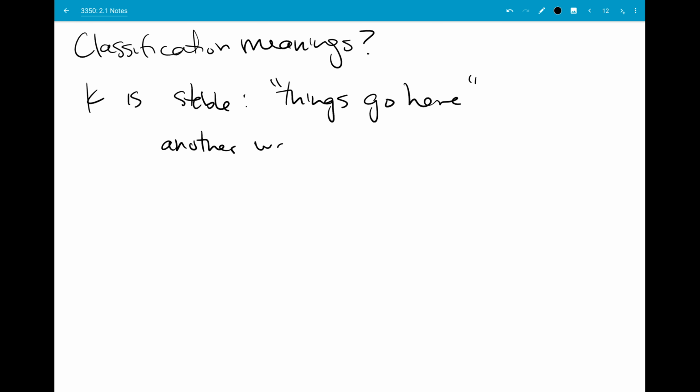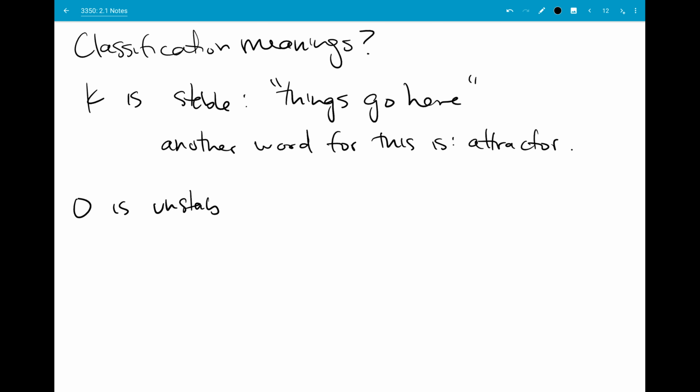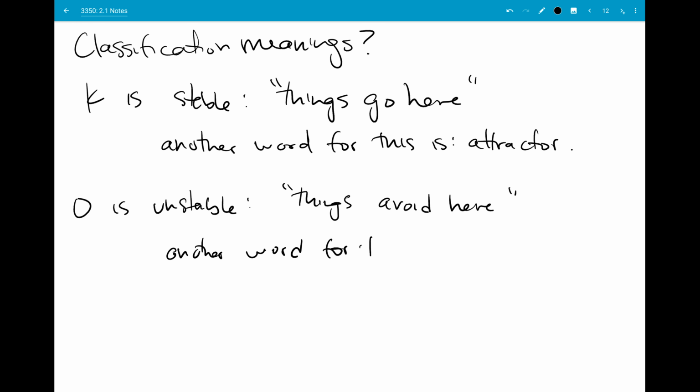Another word for this is attractor. And 0 is unstable. That means things avoid here. And another word for this is repeller.